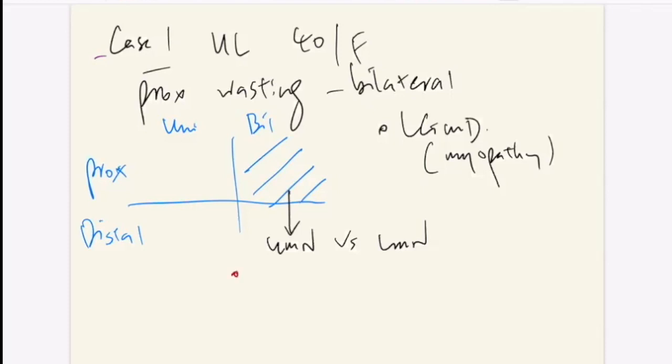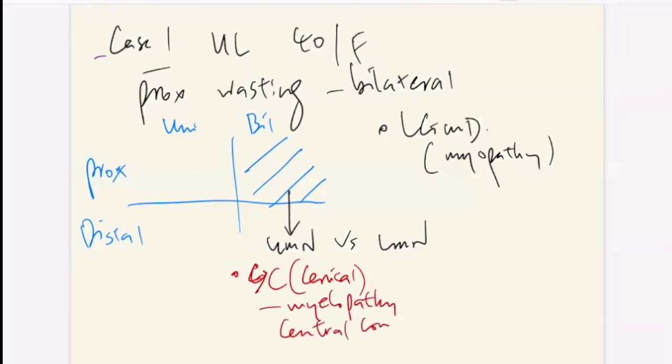The first one is the spinal cord, mainly the cervical. And when we think about it, there are 2, either cervical myelopathy or central cord syndrome. Central cord, the commonest syndrome is syringomyelia.